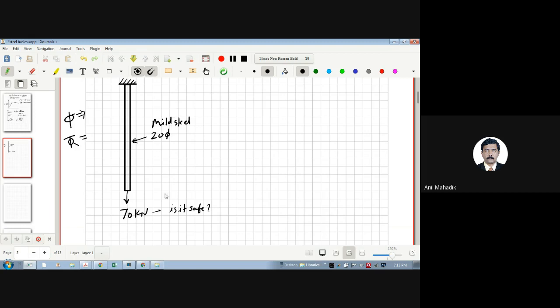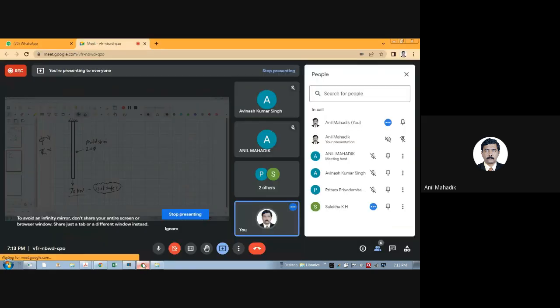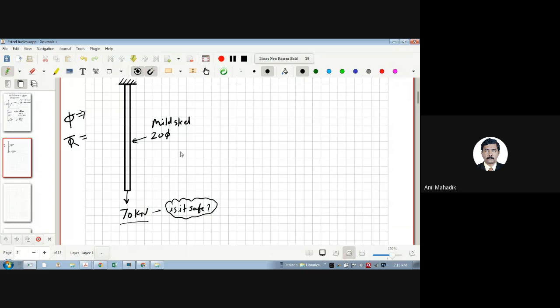Now tell me, can this bar take the force? How can we check whether it is safe or not? Due to this force, which is nothing but a tension force, stress will be created in the bar.